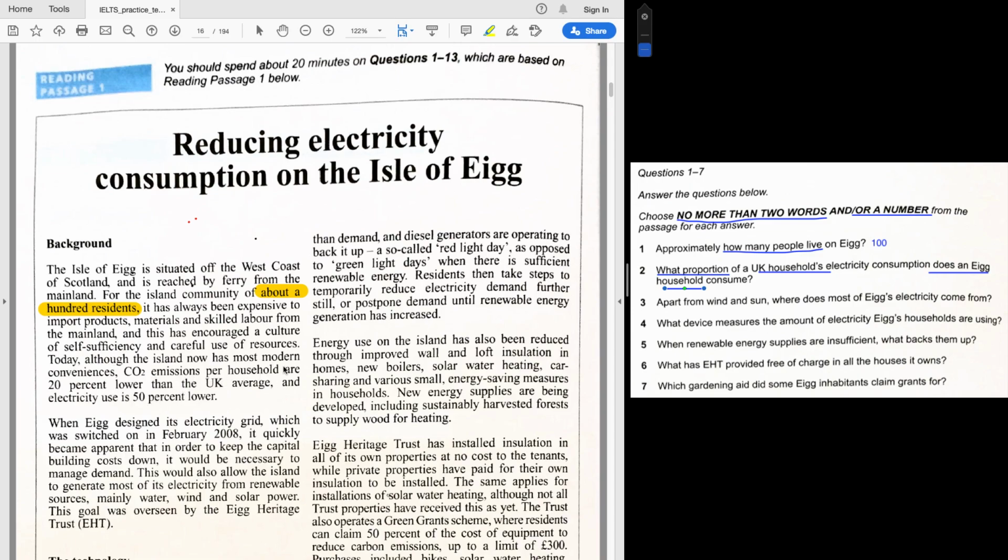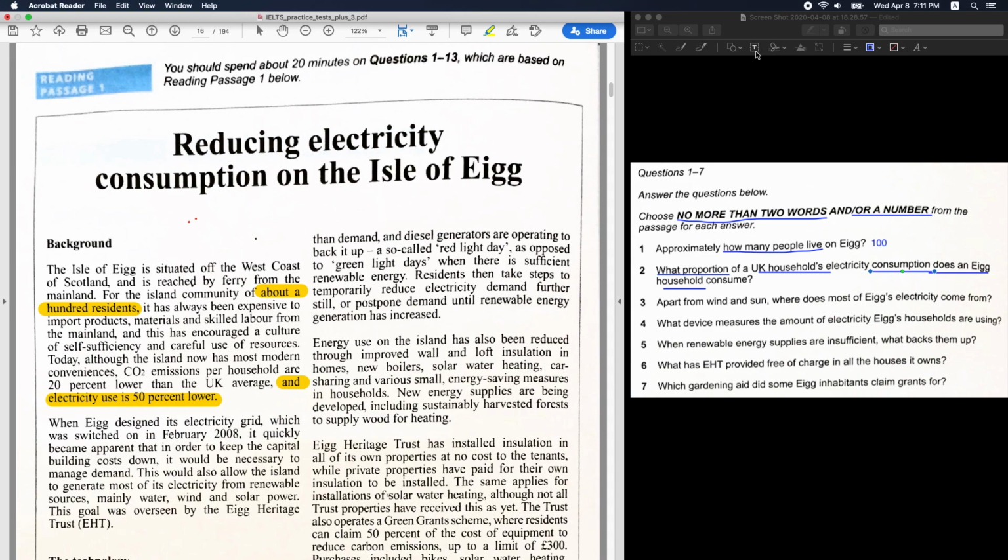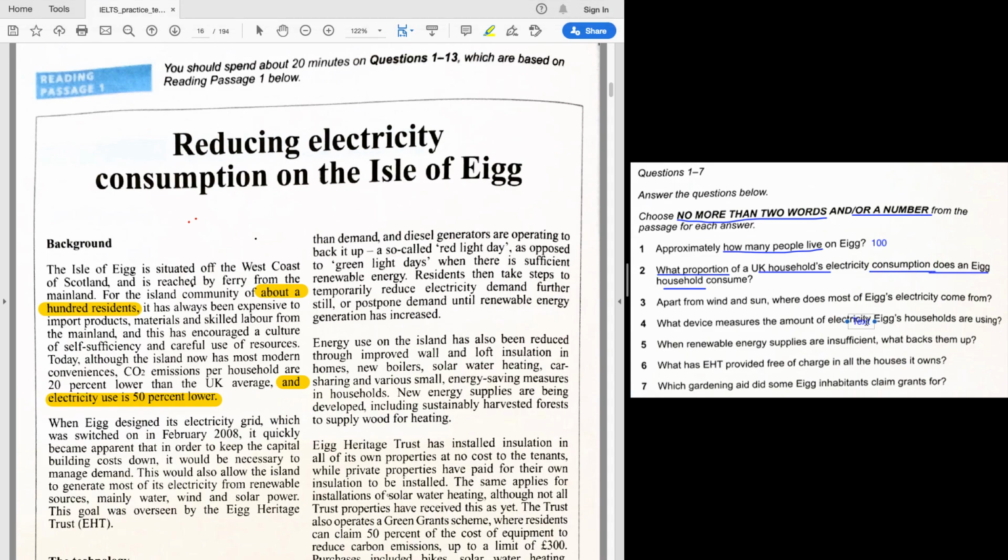CO2 emissions per household are 20% lower than the UK average in electricity use. So we're looking at the consumption here, and it says electricity use is 50% lower. So we're going to type in 50%.